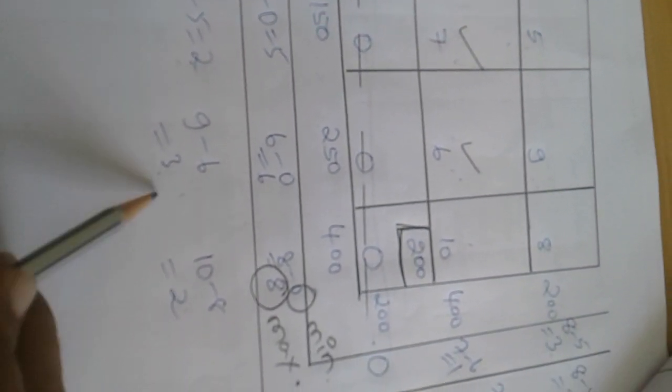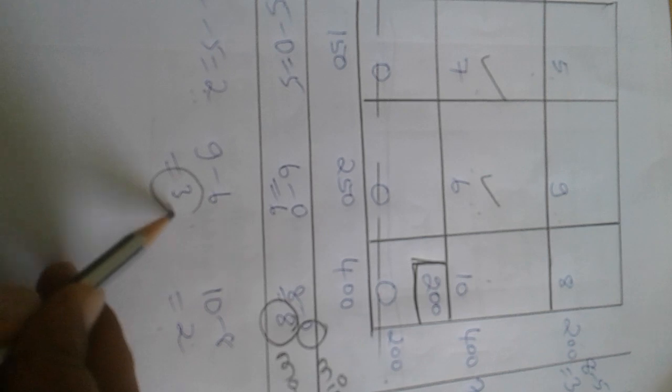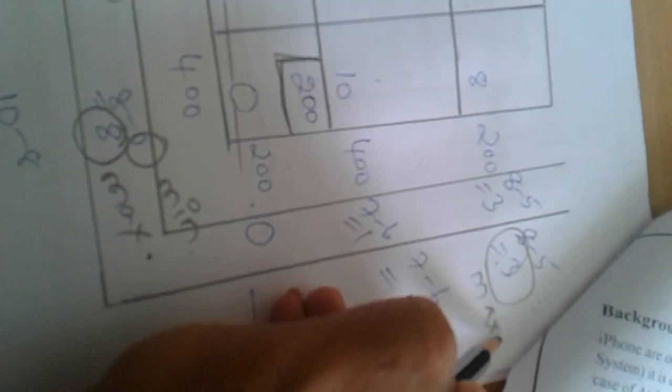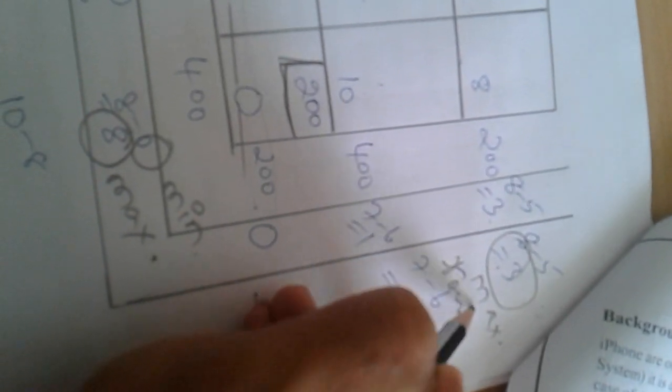Now out of these values, that is 2, 3, 2, 1 and 3, the highest difference is 3. We have 3 here as well as 3 here, but this one is the row value, so that is the reason we consider this difference instead of this.